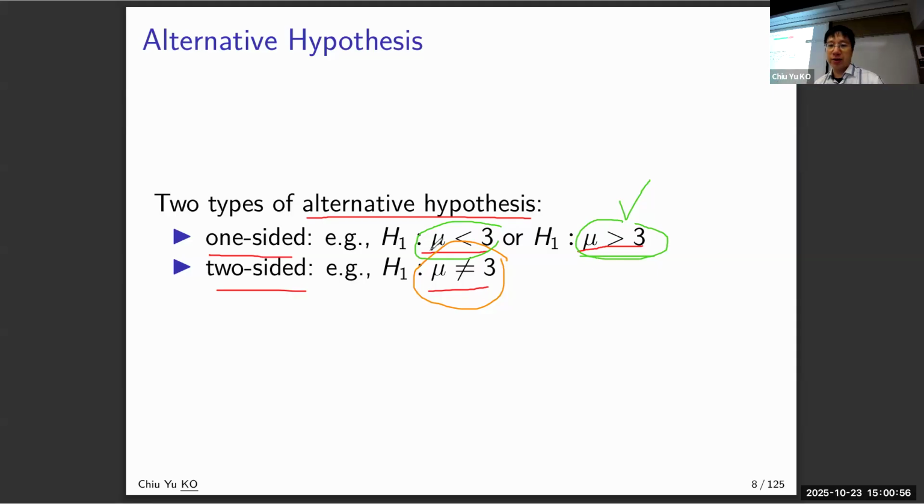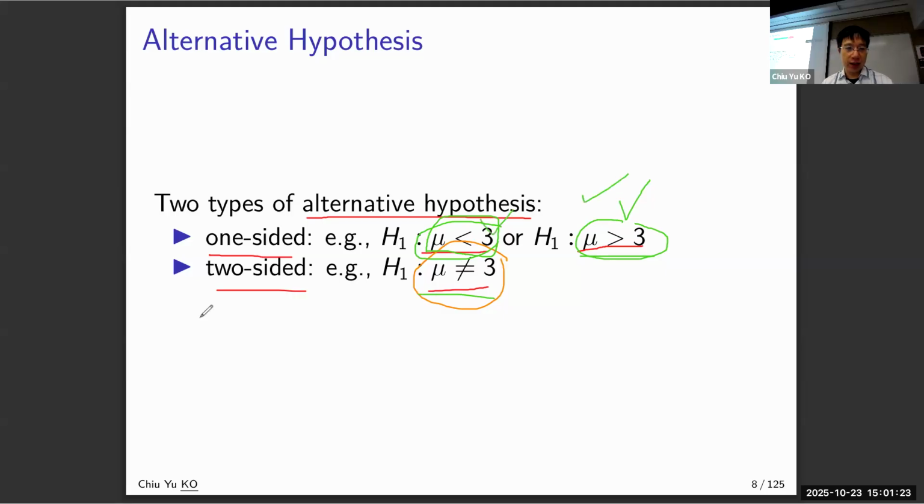Then it must be this guy. So that depends on your particular choice. But if you don't know, always two sides. Only if you know there's some severe consequence to take action, then you will choose the other two.